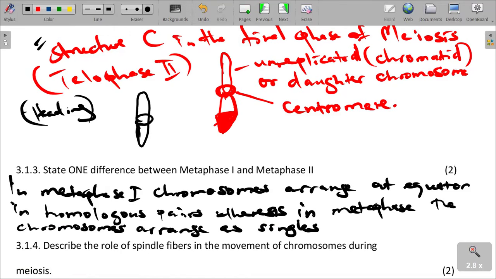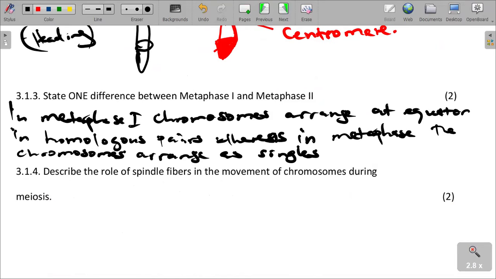They arrange at the equator single as a chromatid. And then, describe the role of spindle fibers in the movement of chromosomes during meiosis. I always tell my class that the spindle fibers are there to affect the stages of meiosis.